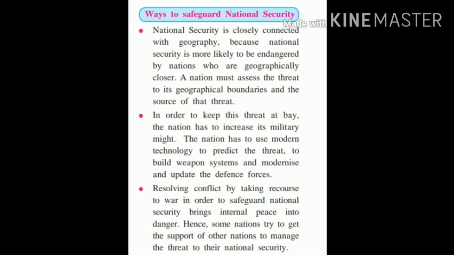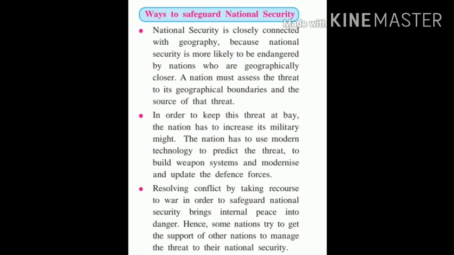It means we have more threat from geographically closer nations. If we take the example of our India, then Pakistan and China are very close to India. So India has a threat or danger from both these countries, as they are always having a dispute with each other on boundaries. Now we have a current example, there is a warlike situation between China and India, that you all know is going on right now in our country.